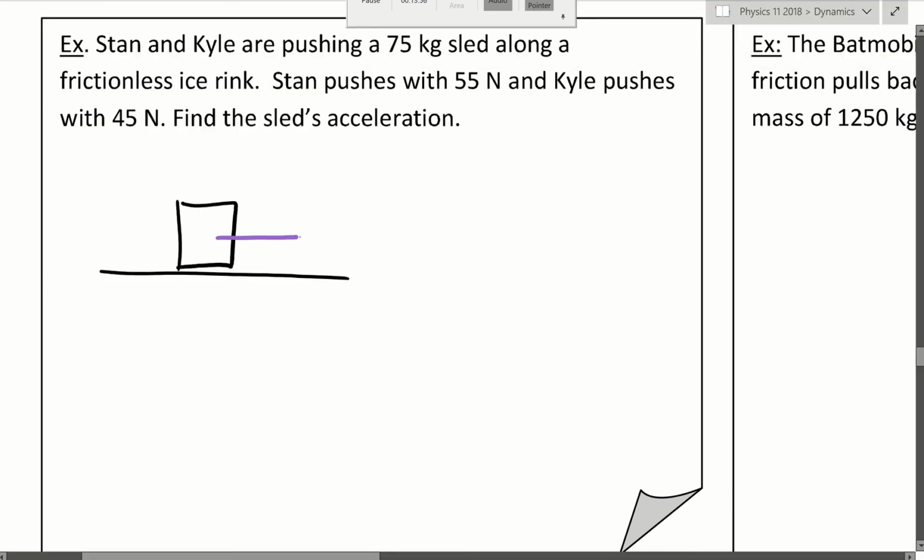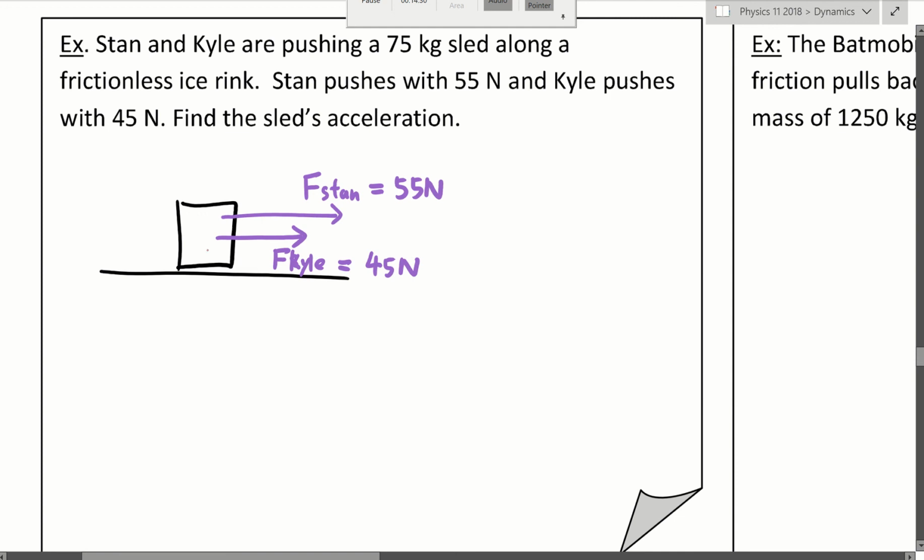We have the applied force from Stan, which is 55 Newtons, and the applied force from Kyle, which is 45 Newtons.